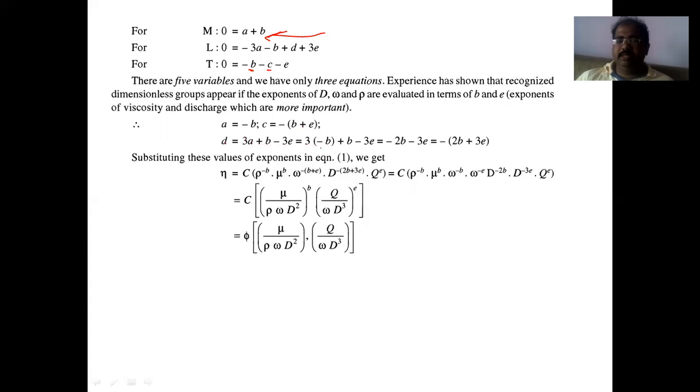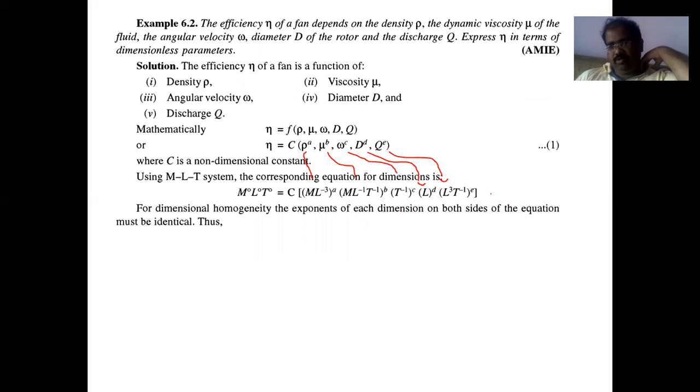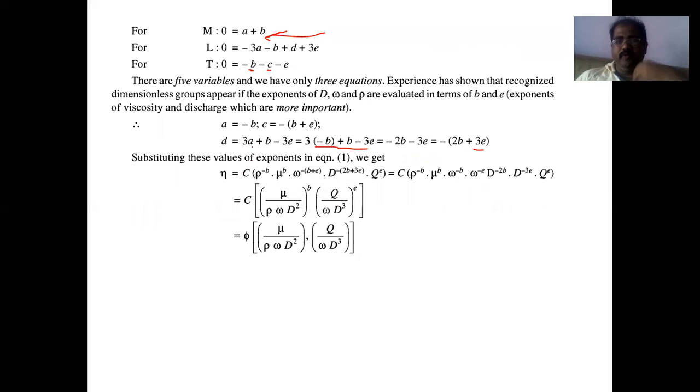We put these values and we get minus 2b plus 3e. Now substitute these values in your basic equation. We put these values here, so we get rho raised to power minus b, mu raised to power b, omega raised to power minus b minus e, D raised to power minus 2b plus 3e, and Q raised to power e.